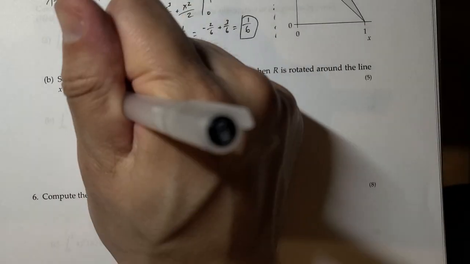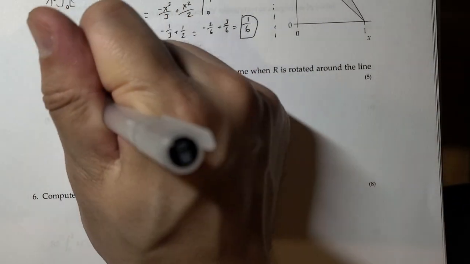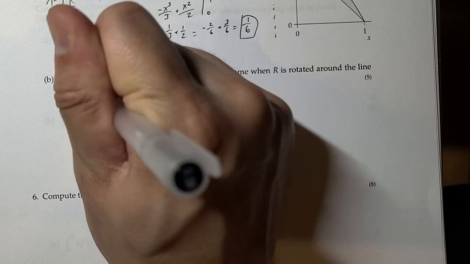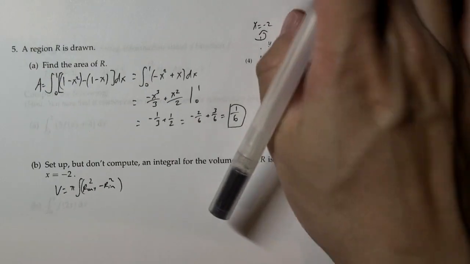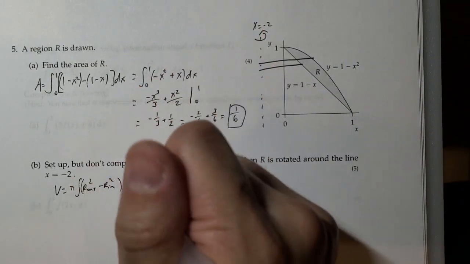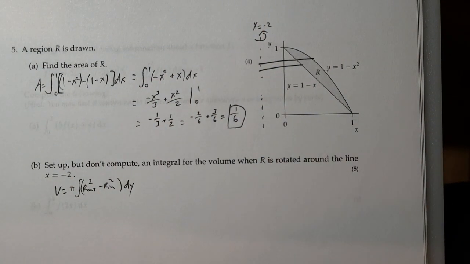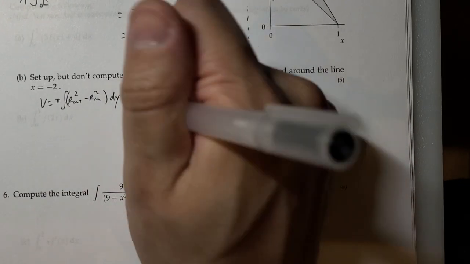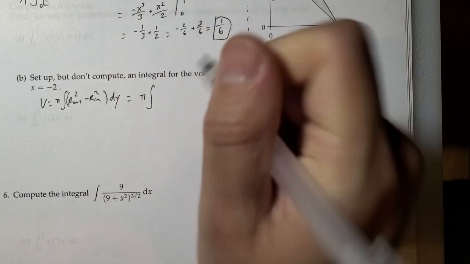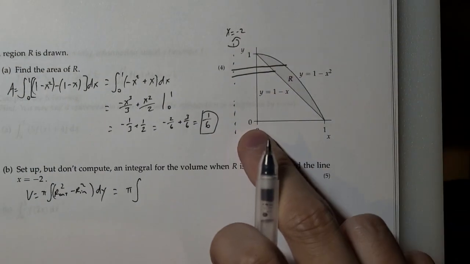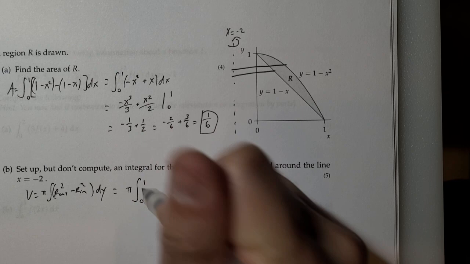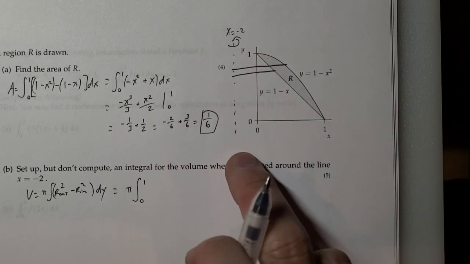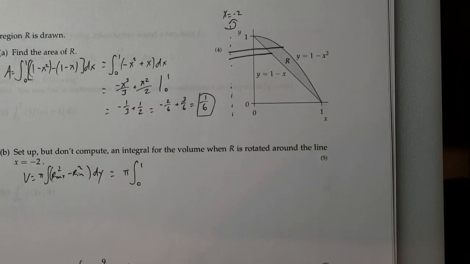Remember the volume is pi times the integral of r out squared minus r in squared. Because this is a vertical axis that we are rotating about, it'll be dy by the washer method. The limits of integration are in terms of y, so it'll be 0 to 1.